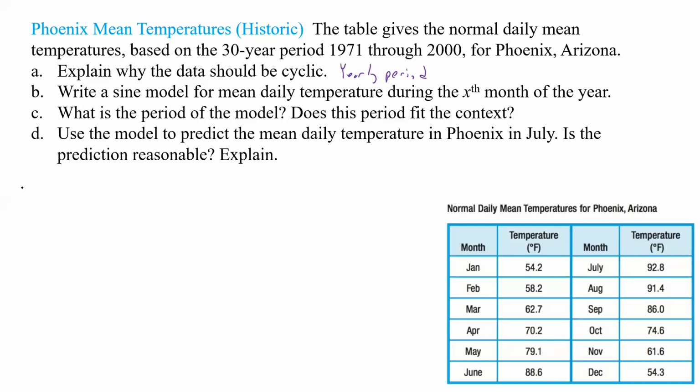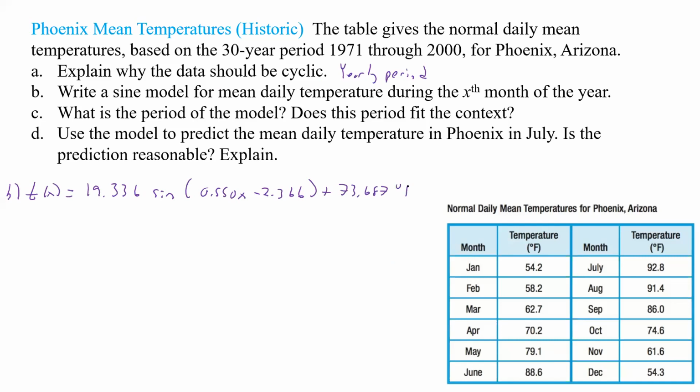Now the sine model. Okay, so B, our sine model, maybe we want T of x, and that's going to be equal to 19.336 sine of 0.550x minus 2.366, plus 73.687.